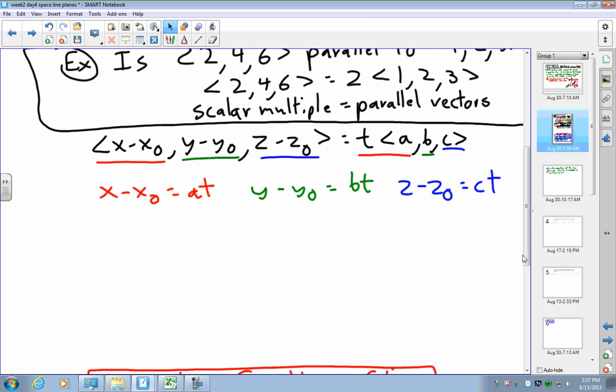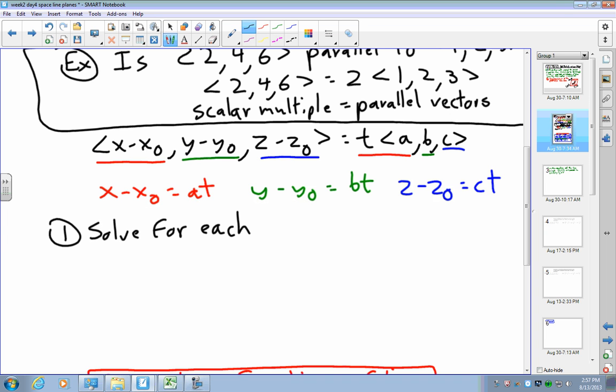Okay? So, in that form, there are 2 ways to write an equation of a line in calculus. The 2 ways are you can solve for each variable x, y, and z. Because remember, those are the variables.